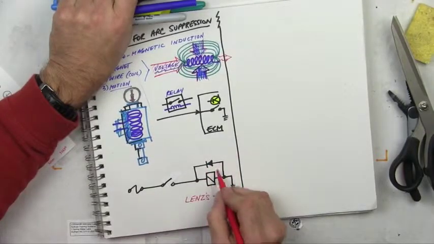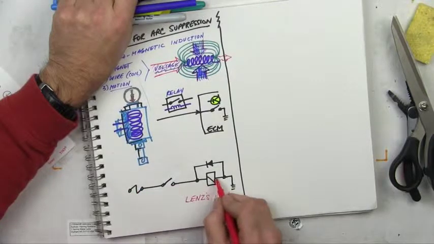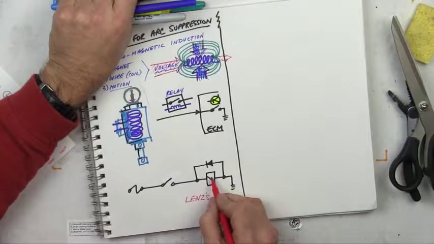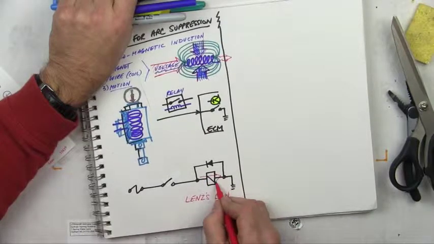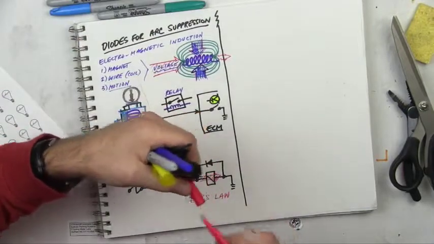So this magnetic field is being built by current moving in this direction. So when the magnetic field collapses, it's going to produce a voltage that's going to want to make current go in that direction. Okay?